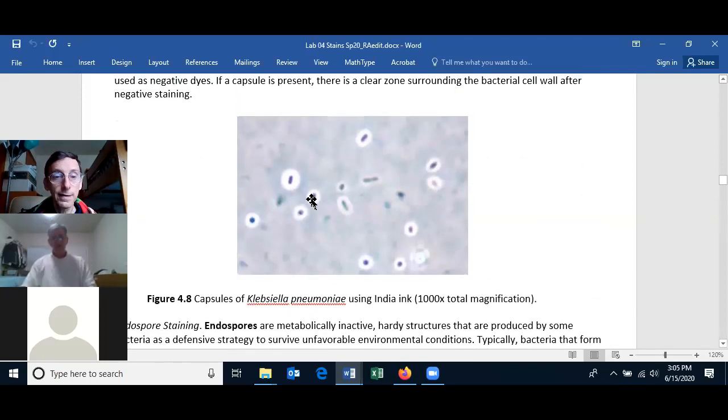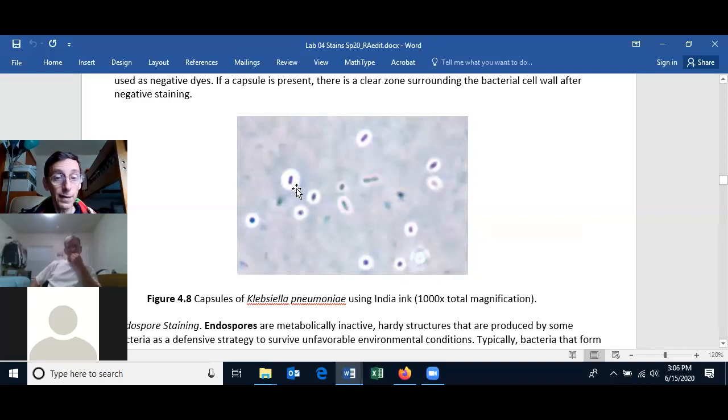But you can see the cell here. It's very dark staining. That's why I'm saying it's probably a differential stain, that one stain is staining the cells, and the other stain is staining the background of the slide, lighter than the cells. And then this white region that isn't staining is from a capsule around the cell.